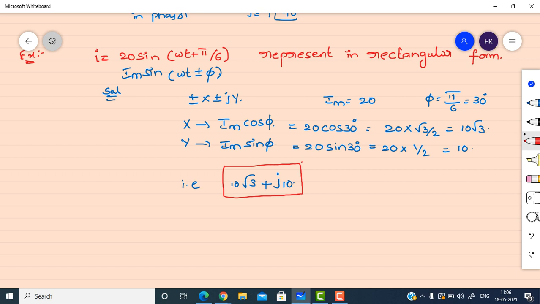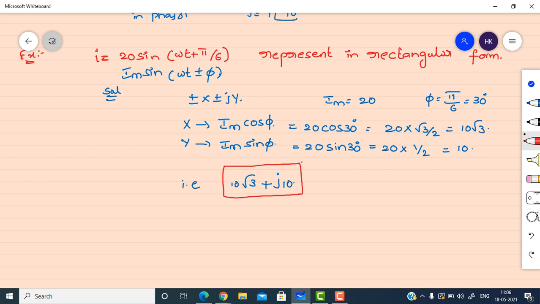We can't perform arithmetic operations like addition and subtraction on the original equation, but by using this, we can perform addition and subtraction. That's why we are converting the given alternating quantity into the polar form and rectangular form.